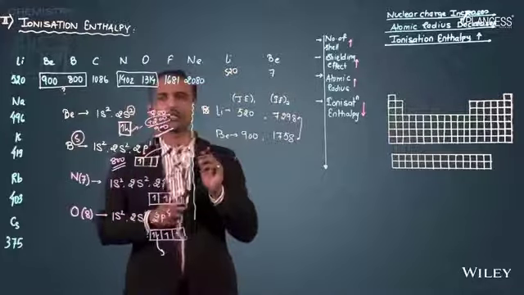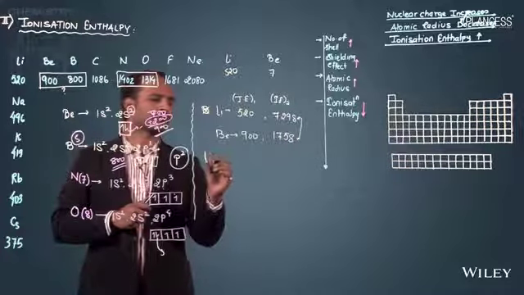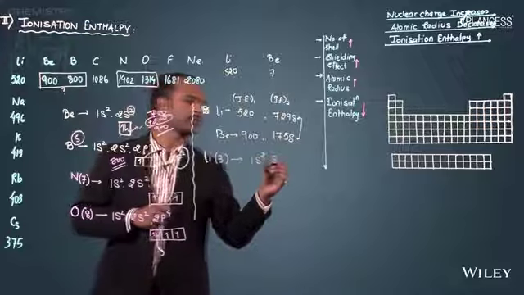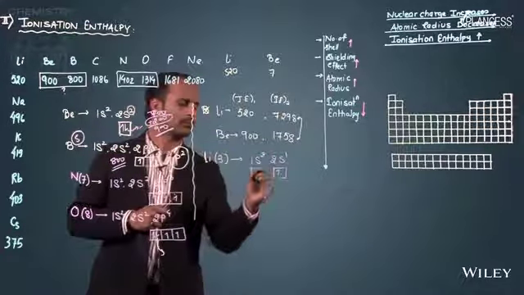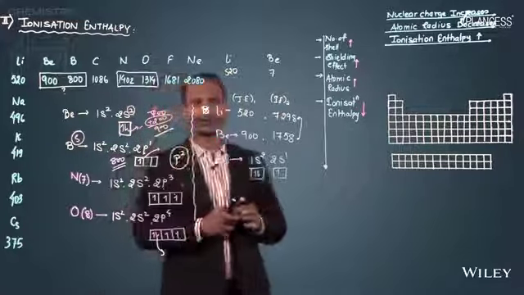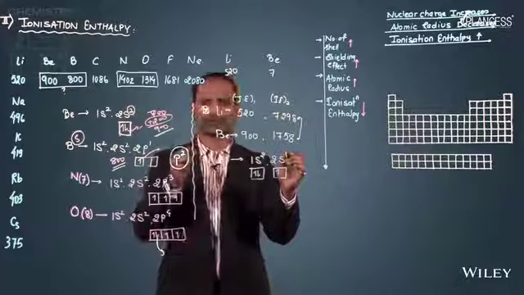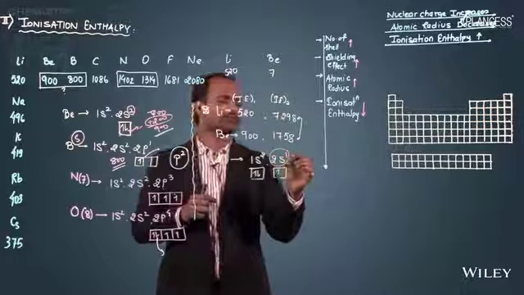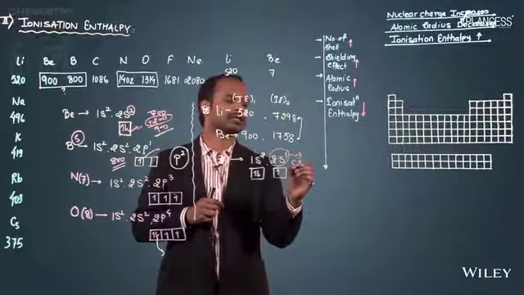Let's see the reason. Again, it is based on the electronic configuration. Lithium has atomic number 3, with configuration 1s2 2s1. Let's first talk about the first ionization enthalpy. To remove the first electron, how much energy is needed? 520 kilojoules.